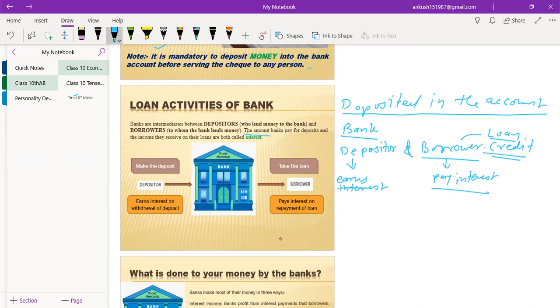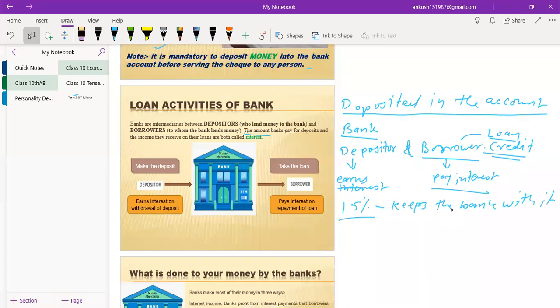Whatever money you deposit in the bank, the bank keeps only a very little portion of that deposited money. Let's say it keeps only 15% of the cash you have deposited. The bank keeps 15% with it.